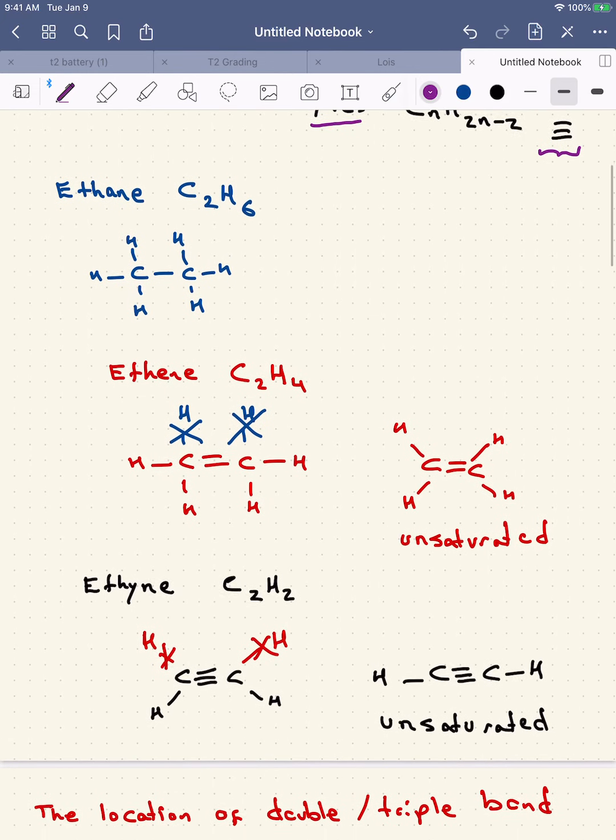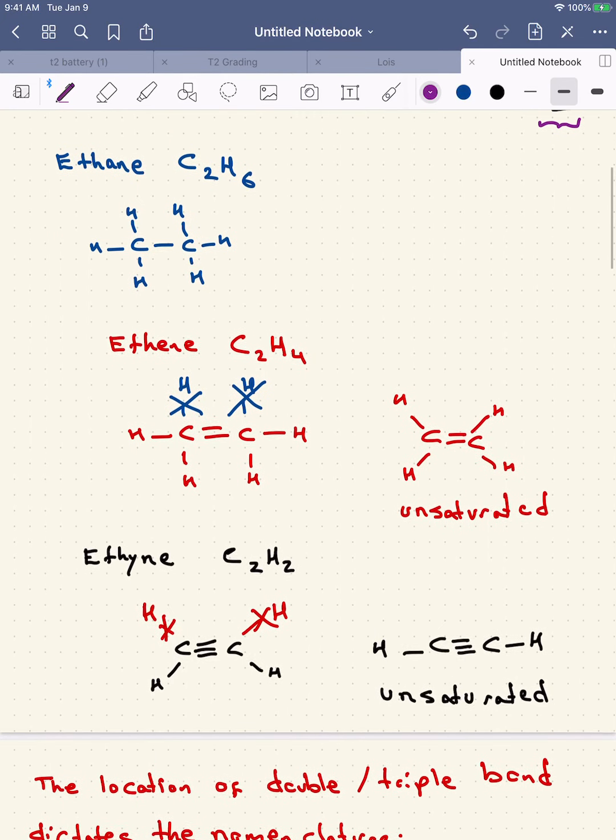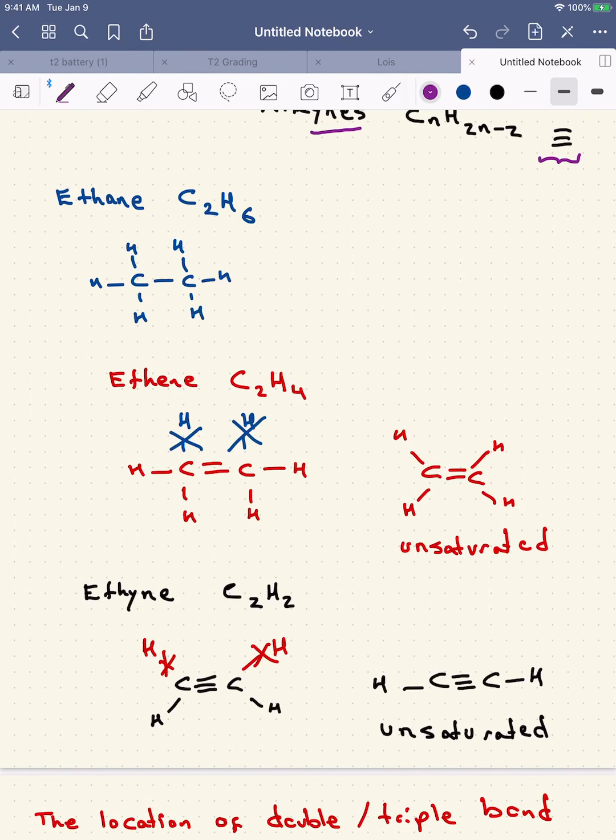So first let's look at three examples whose prefixes are the same. We have ethane, ethene, and ethyne. Now every time you have "ane" as the last name, it should be saturated. Eth stands for 2 carbons, so you have twice as much plus 2: C2H6.